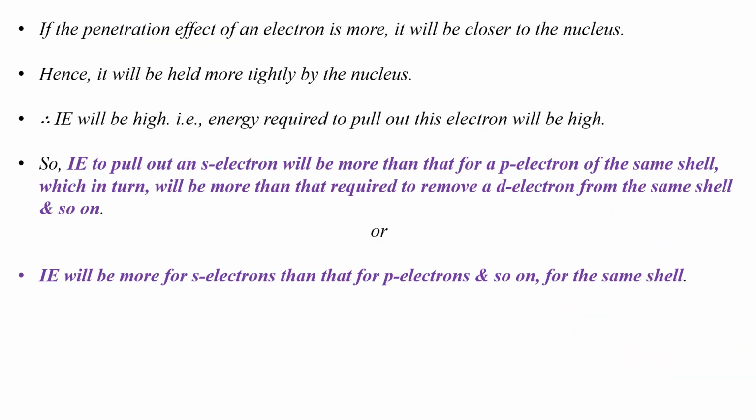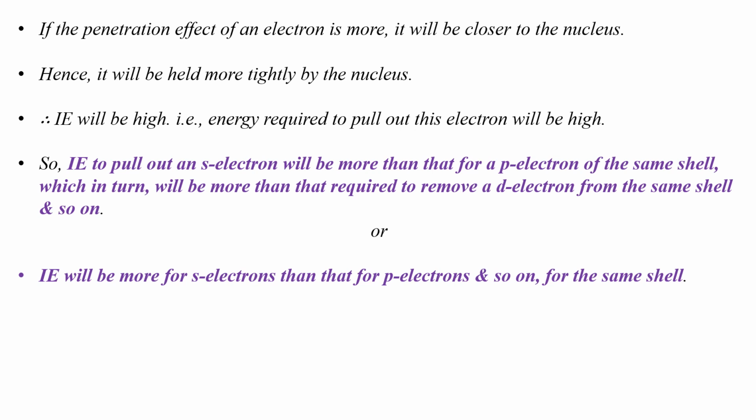Now, if the penetration effect of the electron is more, it will be closer to the nucleus. Hence, it would be held more tightly by the nucleus. Therefore, ionization enthalpy will be very high. What do you mean by this? Energy required to remove or pull out this electron from the strong hold of the nucleus would be very high.